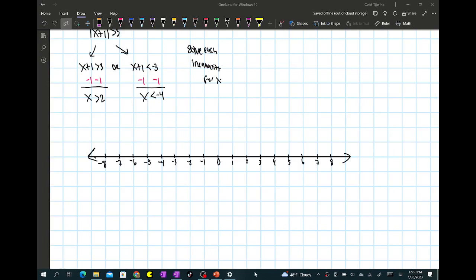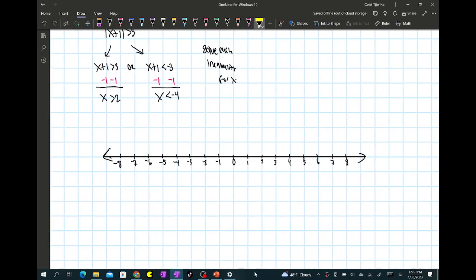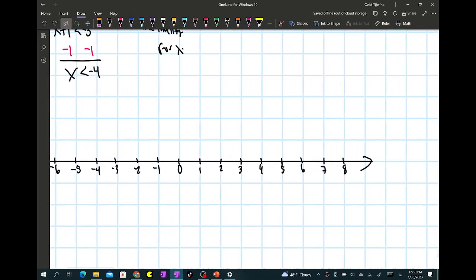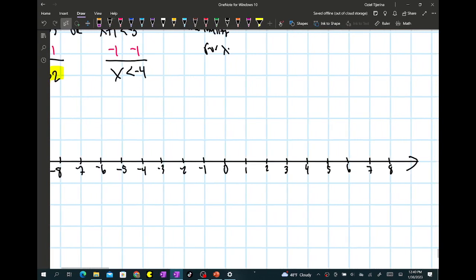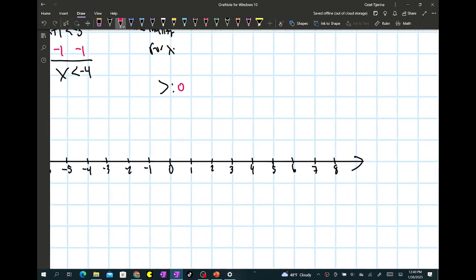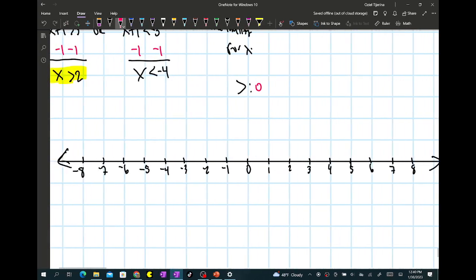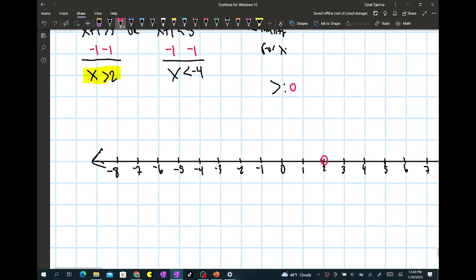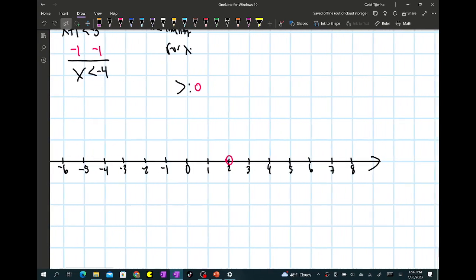Okay, so we're first going to look at this inequality, okay? So we have x is greater than 2, so I'm going to go to 2, and again, when it's greater than, we're going to use an open circle, or a hole, they call it as well. So we have an open circle at 2, and we're going to shade all the real numbers that are greater than 2.